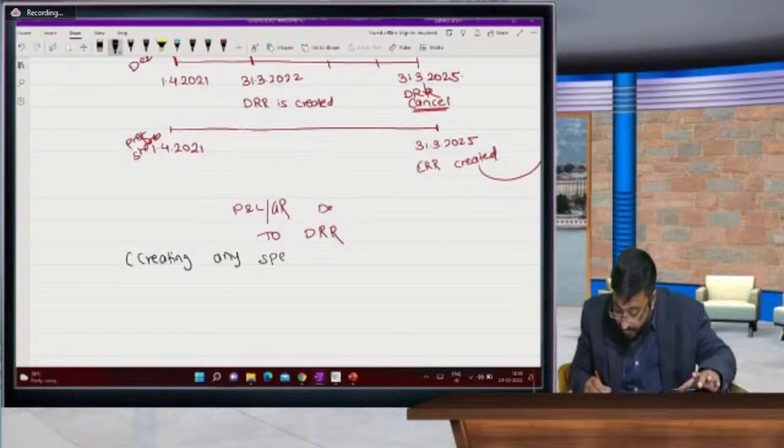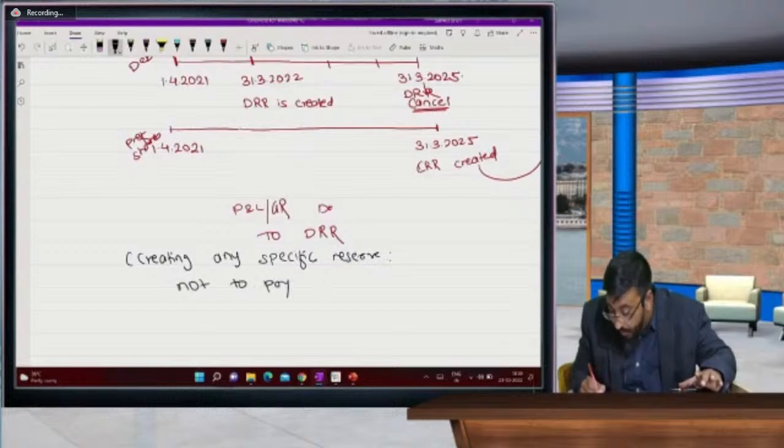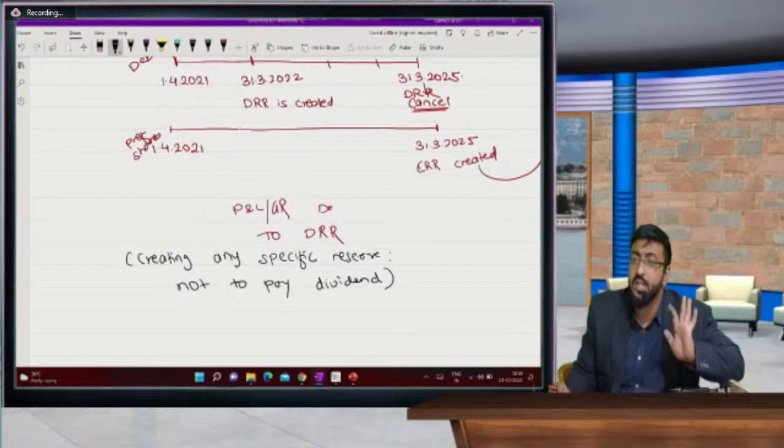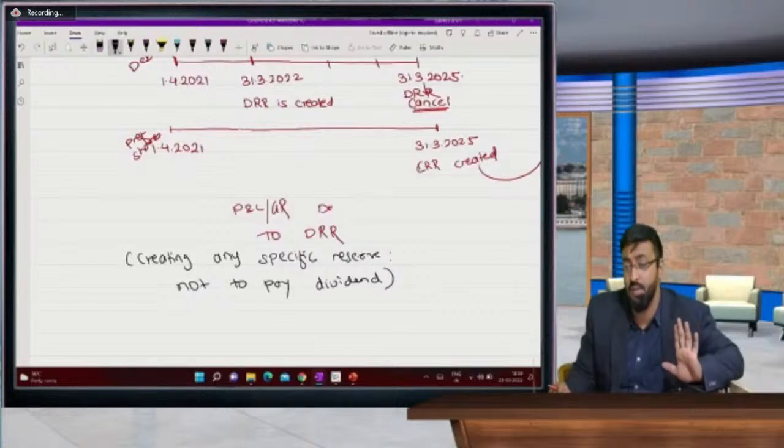So as not to pay dividend. It's a simple logic. Whenever you are creating any DRR, CRR, you don't want to distribute your profits to shareholders.